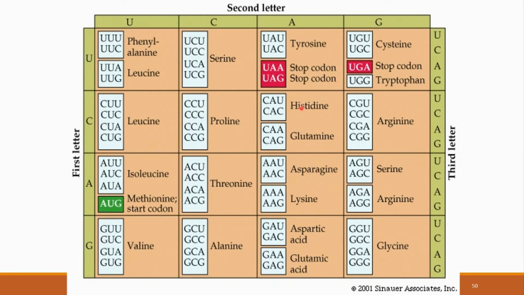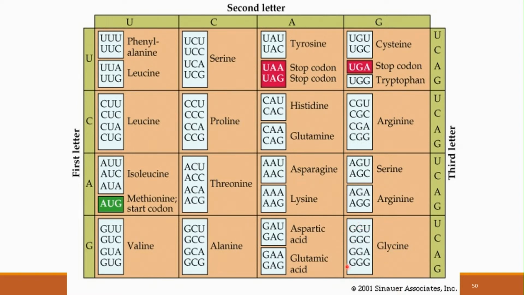There are 64 different combinations to be made with 4 nucleotides and 3-letter combinations. But wait a minute, there's only 20 amino acids. And for that reason, there's more than one way to code for each amino acid. There's more than one different codon.